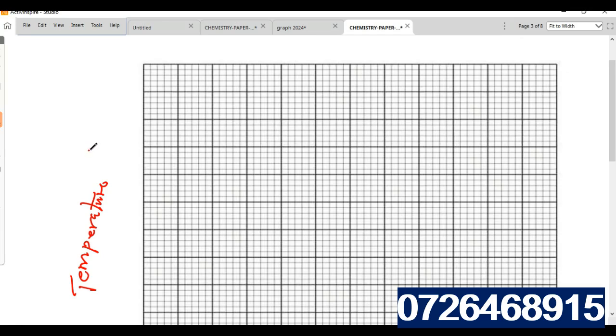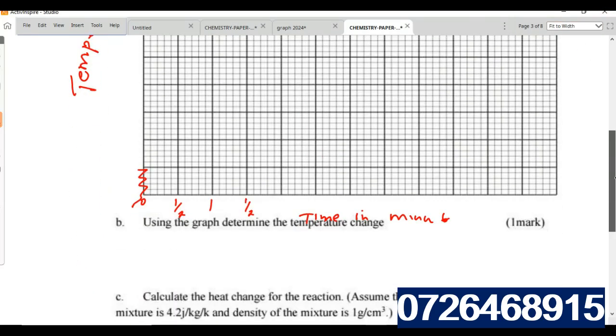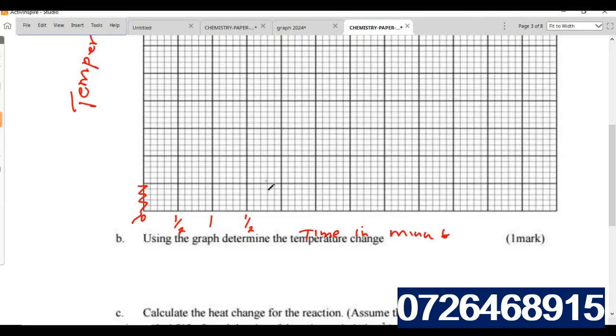So for time we have 1.5, 2, 2.5, 3, 3.5, 4, 4.5, and then 5.